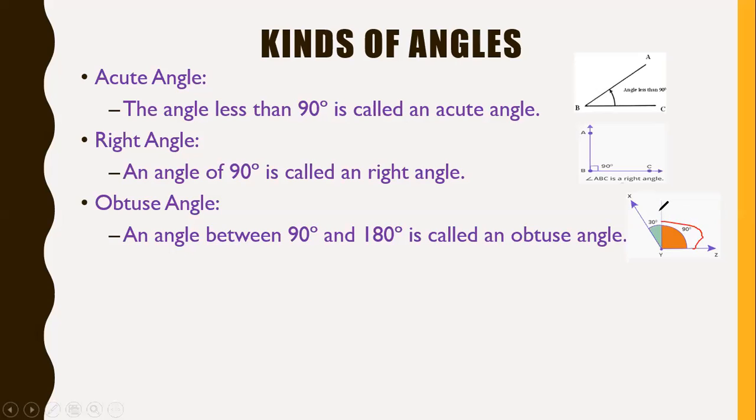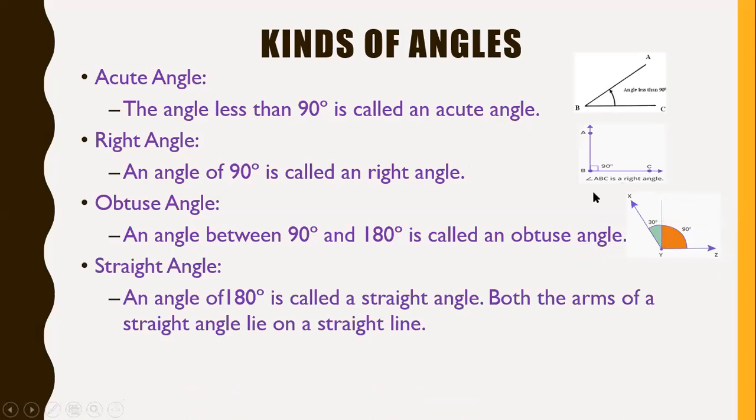Now the angle between 90 degree and 180 degree, that means if I draw the straight line over here, it forms an angle of 180 degree, right? So the angle between 90 till 180 is called an obtuse angle.